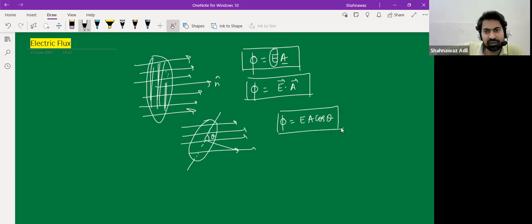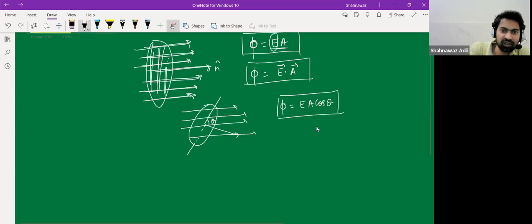Understood, guys? Any doubt in this? Yes, sir. So for this case, what is the angle between the surface and the electric field? What is the angle? 0. Correct. So for this case, the electric flux would be EA only, right?